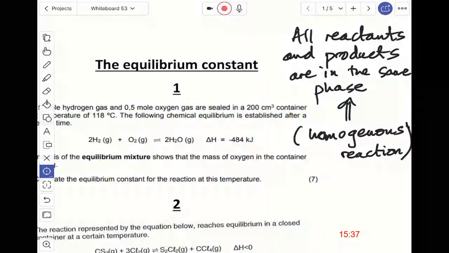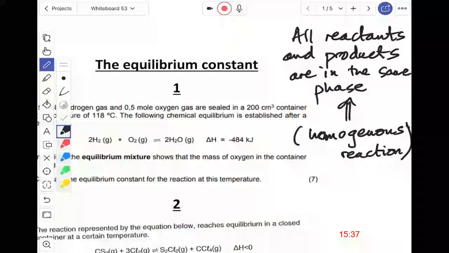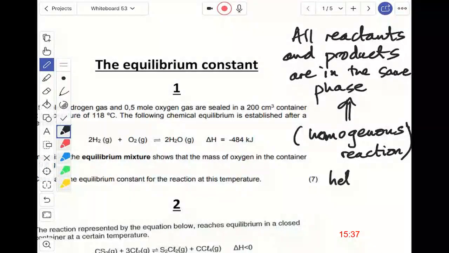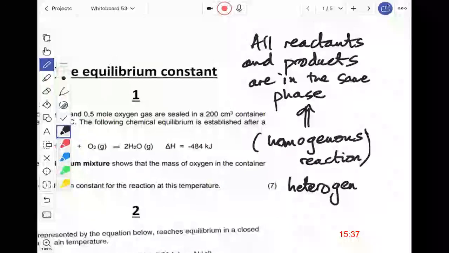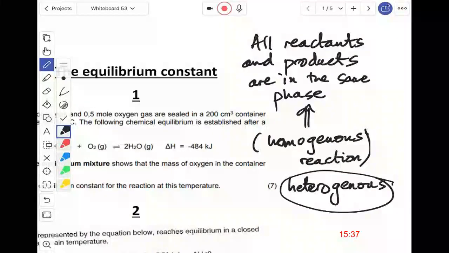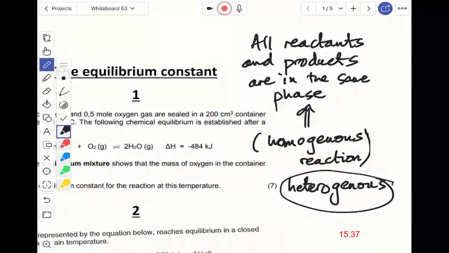So if one of those is a solid or liquid, then they're not all in the same phase. The opposite of homogeneous is heterogeneous. And that would mean that all the reactants and products are not in the same phase.